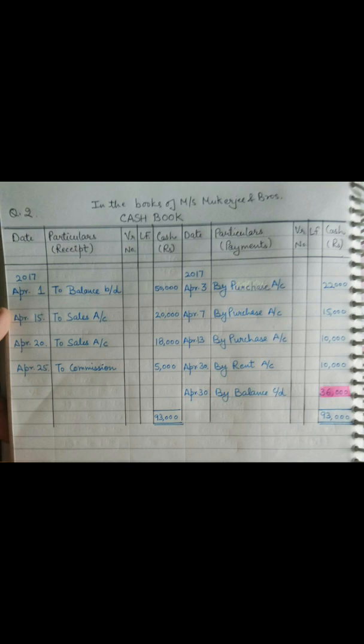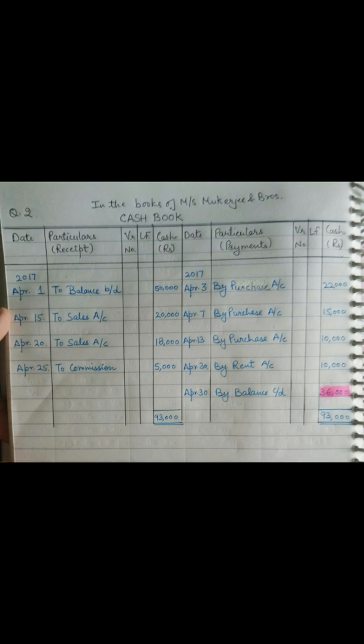So for balancing I have written on the credit side, that means on the payment side, the last date of the month, that is 30th April, by balance carried down, and the deficit amount, that is 36,000, has to be written in the cash column to make the debit side and credit side equal, that is 93,000.